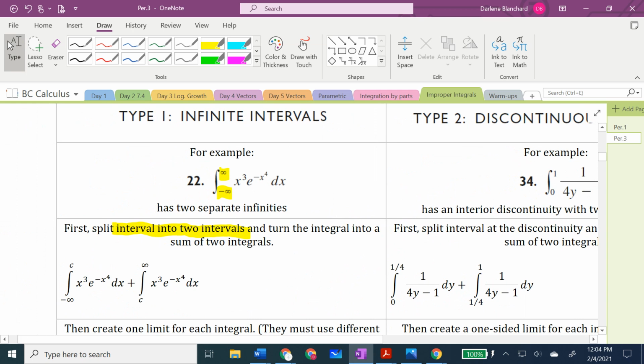Now, you can choose any real number to split it up at. It's totally up to you. But if it were up to you, what number would you split it at?